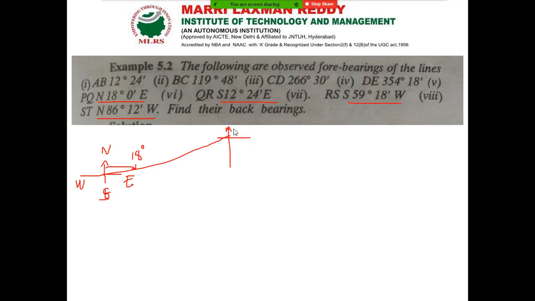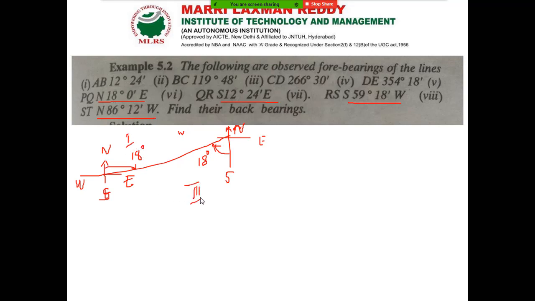So here it is north, south, east and west. So this deviation is also the same, whatever reading they have given, the same reading we can get. Now 18 degrees, but the quadrant, instead of the first quadrant, lies in the third quadrant.